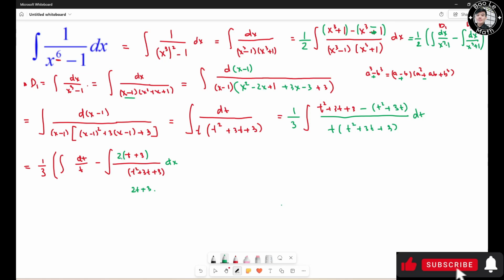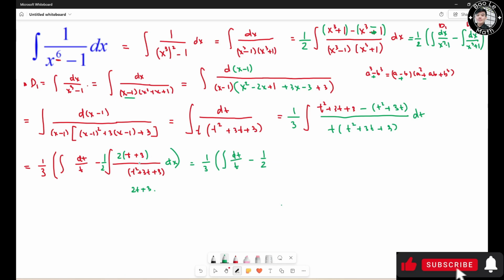Because I multiply by 2, I need to divide by 2 so that nothing changes. Now this turns out to be 1/3 of the integral dt over t minus 1/2 right here.